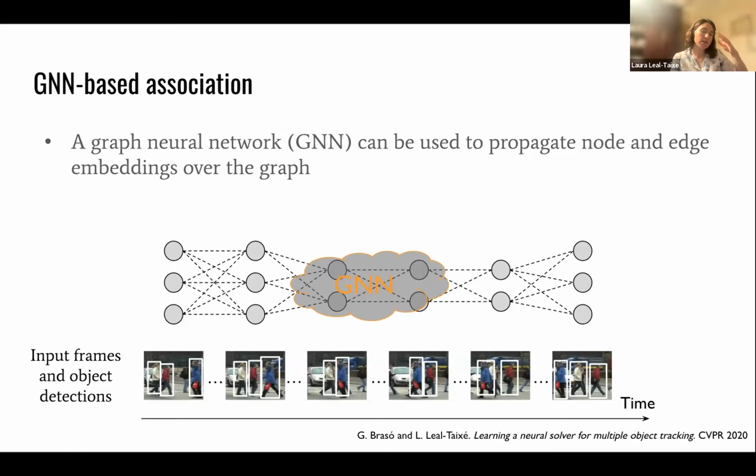So you can imagine that after n message passing steps, if I'm a node that before any message passing was only aware of the own appearance of the detection that I represent, now I have a view of my neighbors. I have a view of what kind of other detections are out there. Is there, for example, a detection that is 5 frames away that looks exactly like me? This is now information that I can have thanks to these message passings.